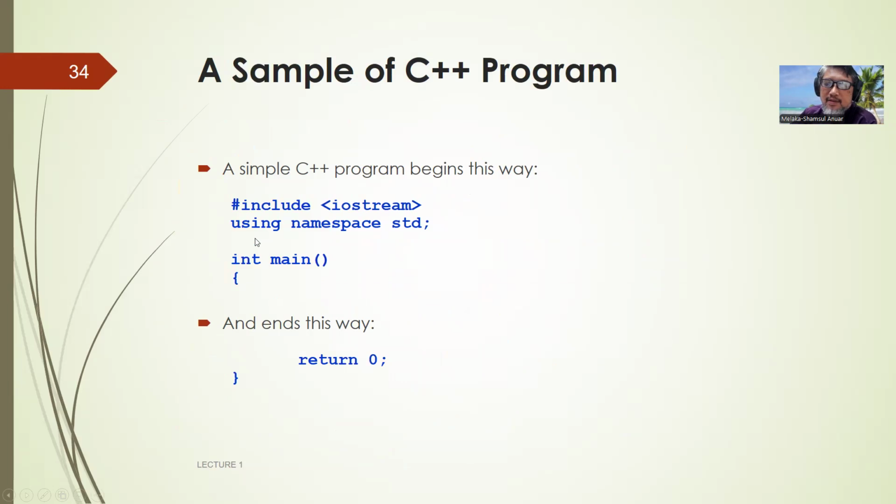Usually we include #include <iostream>, using namespace std, and then you have int main, then the brackets, and then we have a curly bracket open, and then return 0, semicolon, and then you close this curly bracket.